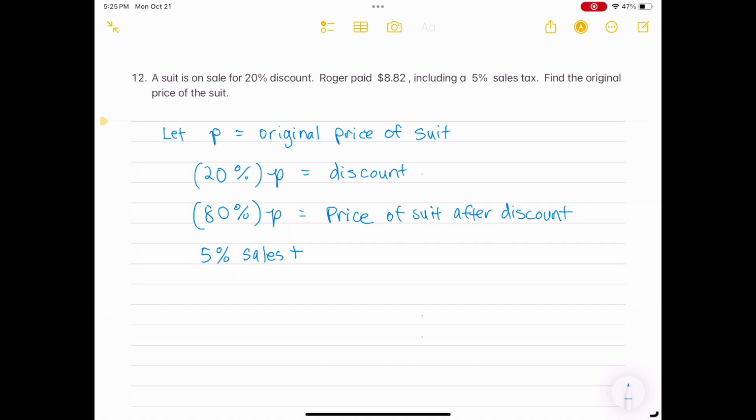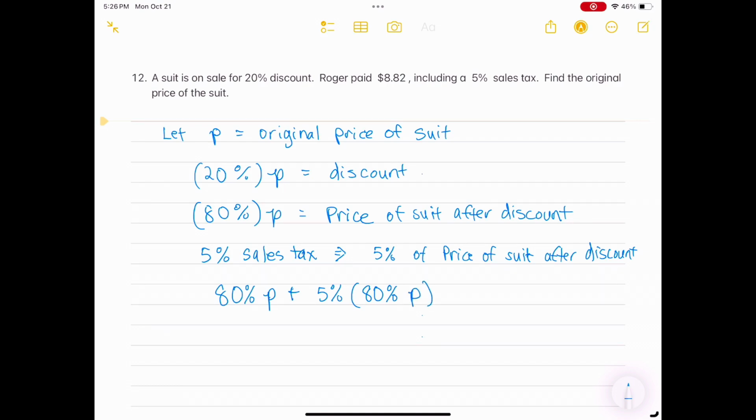So that would be 5% of the sales price, or 5% times 80% times P. So the equation for the total price of the sale would be 80% times P plus 5% times 80% times P equals $8.82. In other words, the price of the suit after discount plus the sales tax of that price equals $8.82.